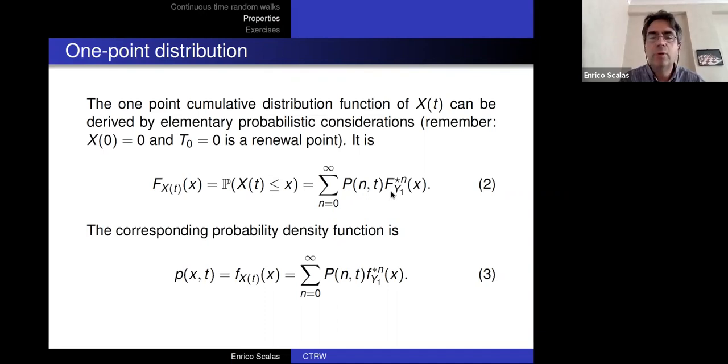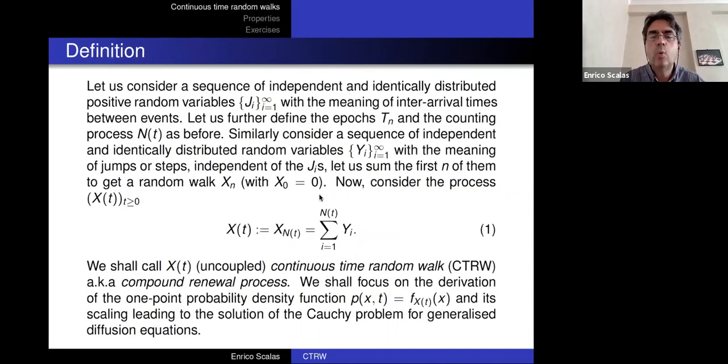Remember formula number 1. You have a random sum of random variables with this N_t, which is completely decoupled, or independent, of the Y_i's. So the time randomness is totally decoupled, independent from the space randomness.